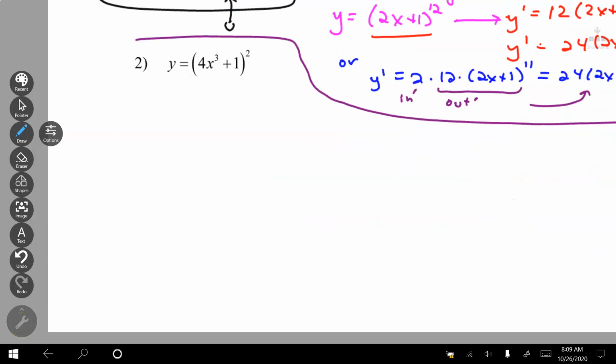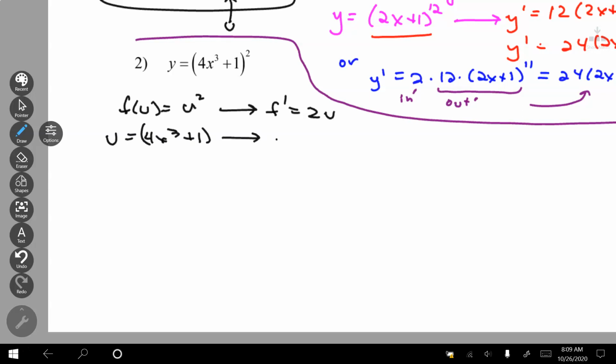I'm going to set up my mechanical way of doing it. So the outside stuff is f of something is equal to something squared, and that derivative is equal to 2 times something, and the inside stuff is just 4x cubed plus 1, and that derivative is equal to 12x squared.